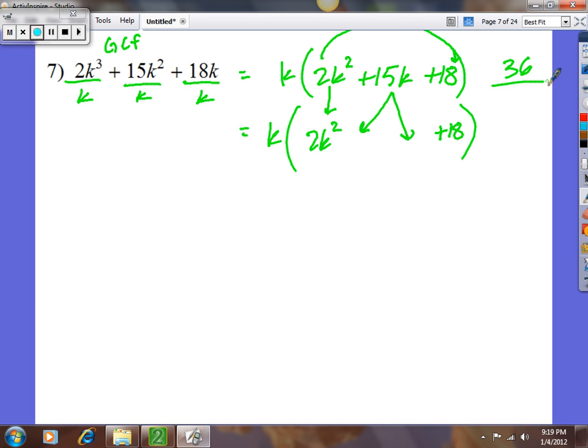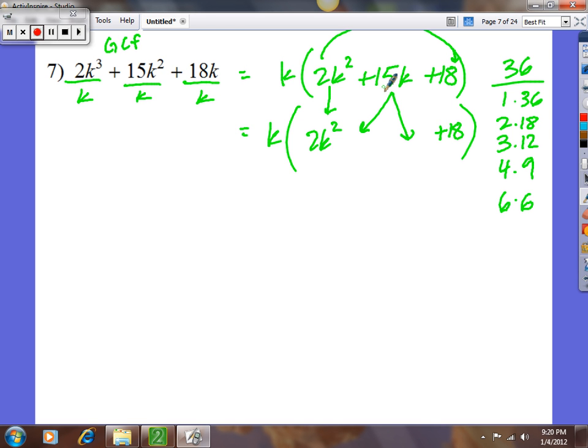Now let's make a list of the factors of 36. 1 times 36, 2 times 18, 3 times 12, 4 times 9, and 6 times 6. You've got 5 pairs to choose from. Which pair is going to add and give you the middle, the 15?